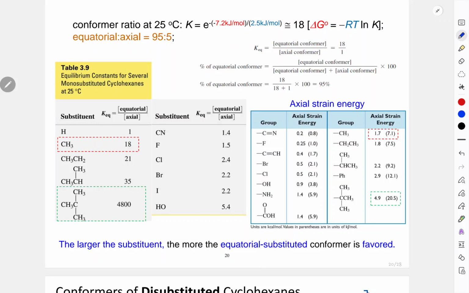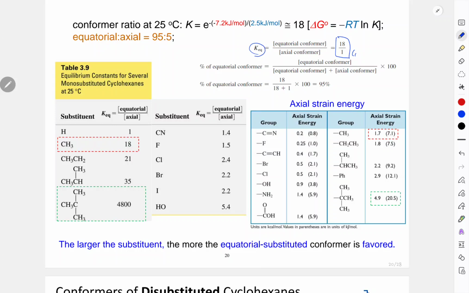And this is the table of the strain energy, the actual strain energy, for the substituent of the cyclohexane ring. But what you can perhaps calculate is the ratio, or in other words, the equilibrium constant, and plug in all this information, then you can calculate the ratio of the two conformational states. And these are the results.